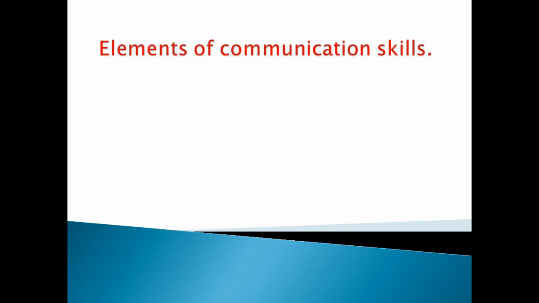If we just think about sending a message, it is like there is only one sender and one receiver, and in between there is a message. But in the whole process there are a few things that we need to see, like the source. The one who sends the message is known as the source.